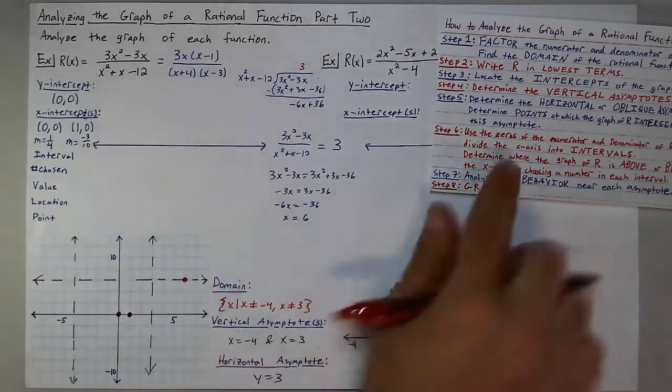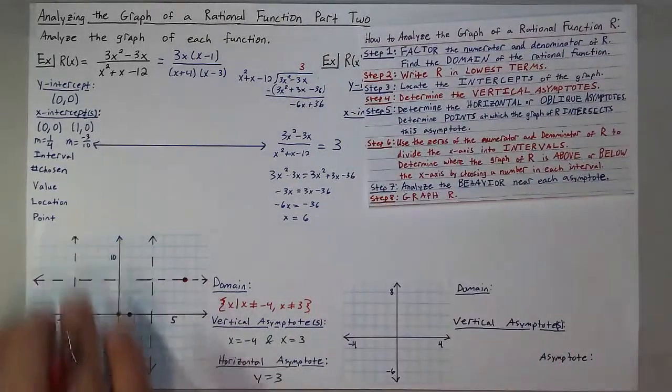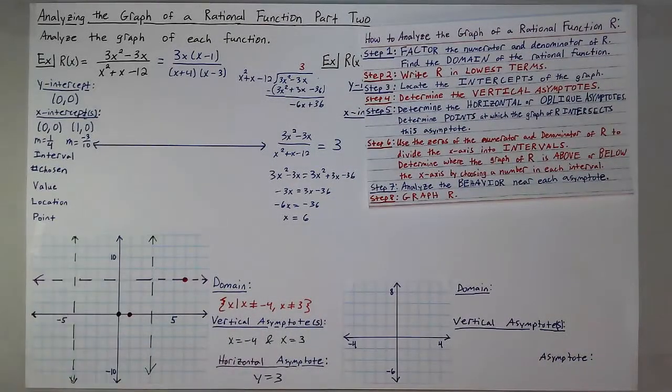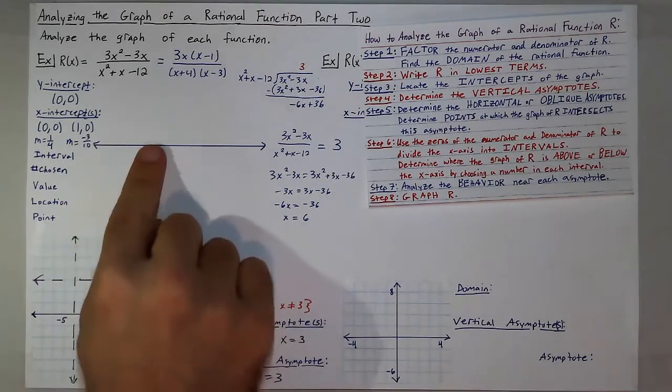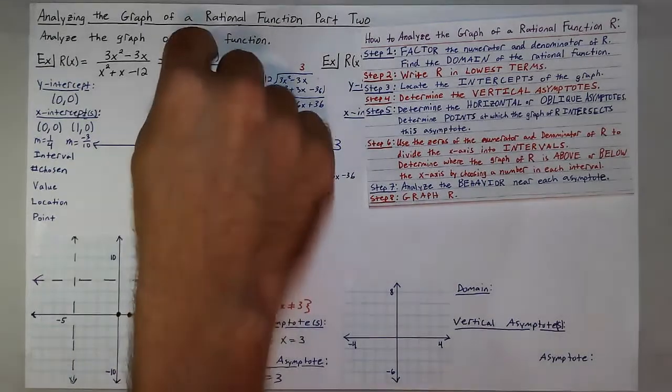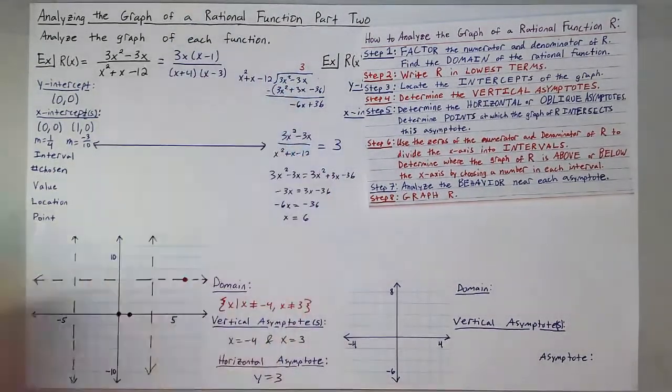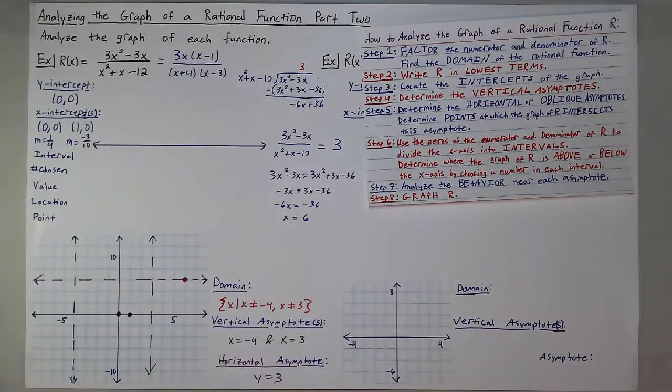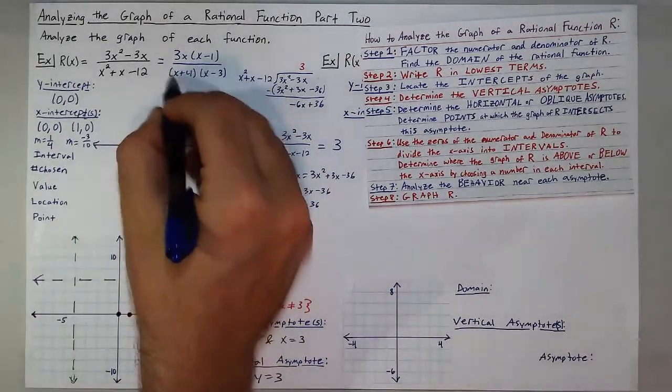Now let's break down our function and see if it's located above or below the x-axis so we can see how it behaves with these asymptotes. The way we break up our interval is everywhere our numerator or denominator is equal to 0, we split up the interval that way. So the smallest number that we get is negative 4.